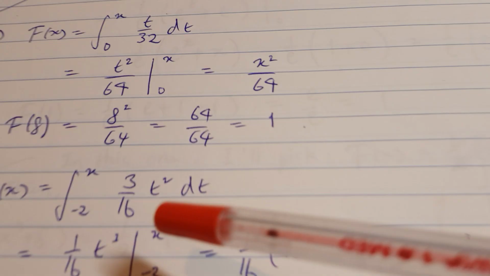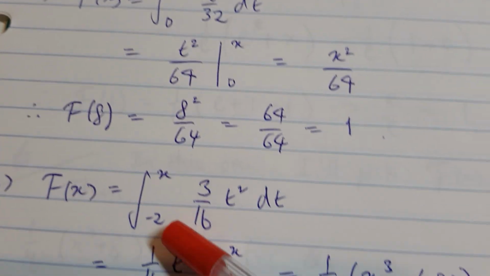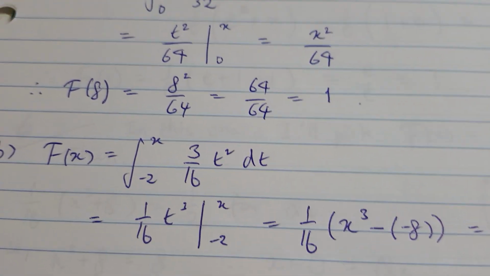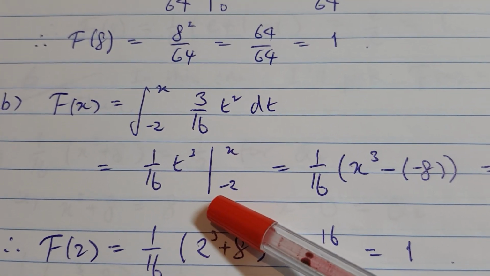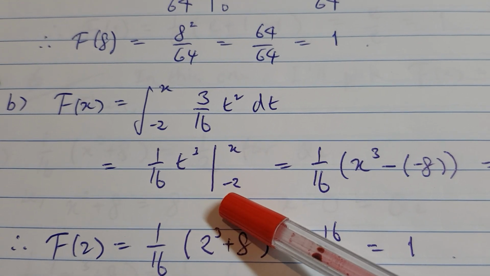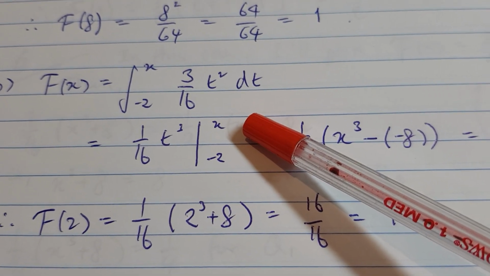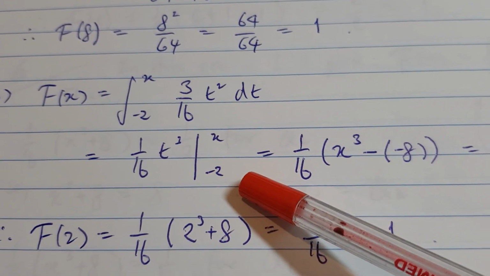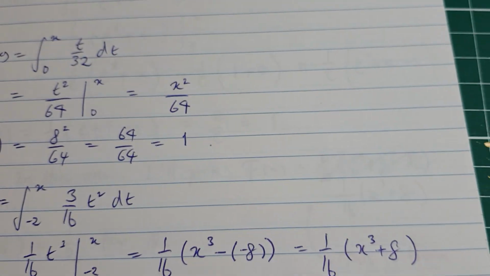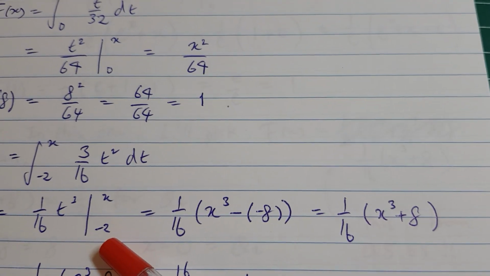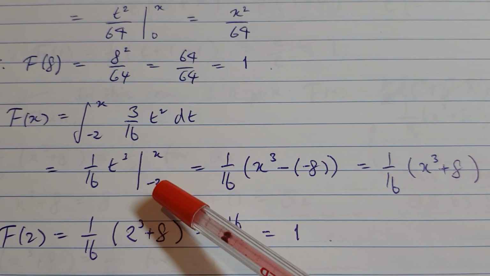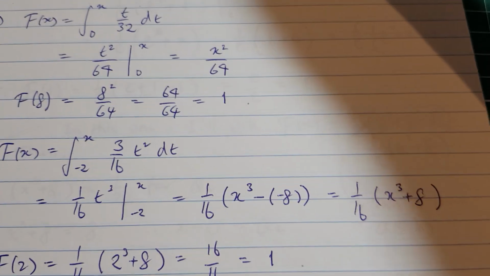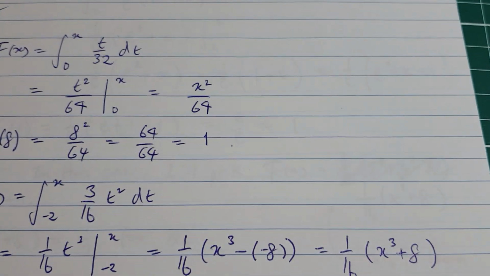So that's why I have -2 there. And then you do the usual integration, and that's what it gives. Evaluate it at t equals x and t equals -2. Then you get this. One of those common mistakes is -2 cubed is -8, not +8.